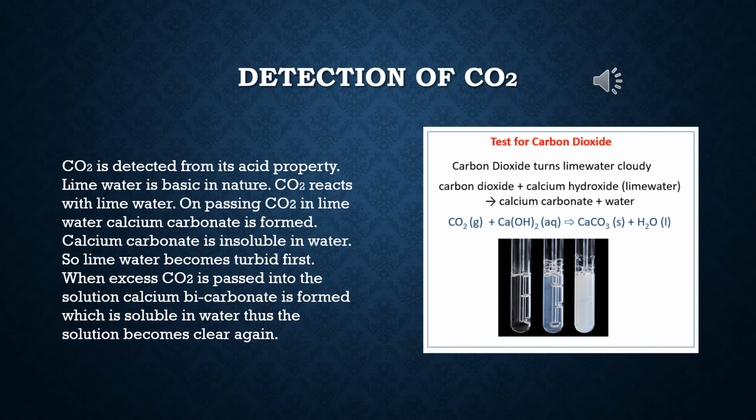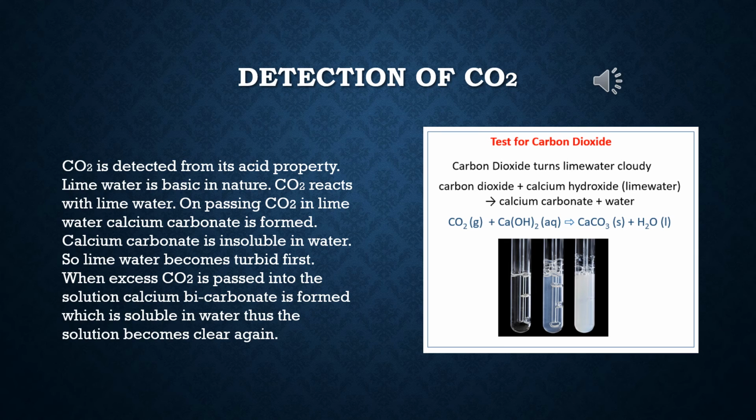Now please see the diagram. Test for carbon dioxide. Here carbon dioxide turns lime water cloudy, that means turbid. So here CO2 gas plus calcium hydroxide aqueous solution forms calcium carbonate solid and H2O, that is liquid water. See the test tube, you can understand.